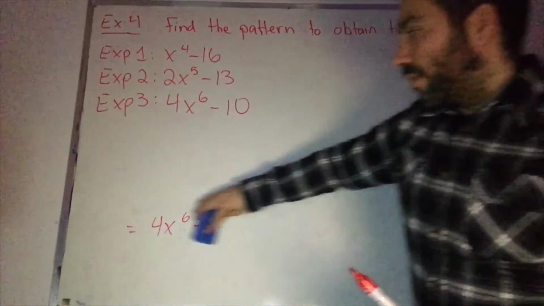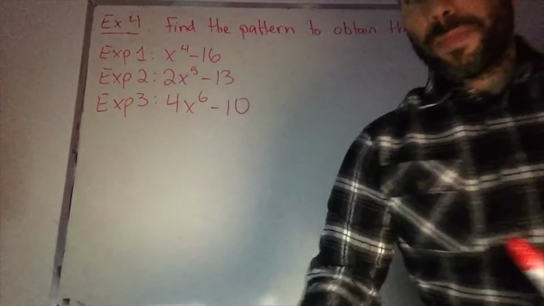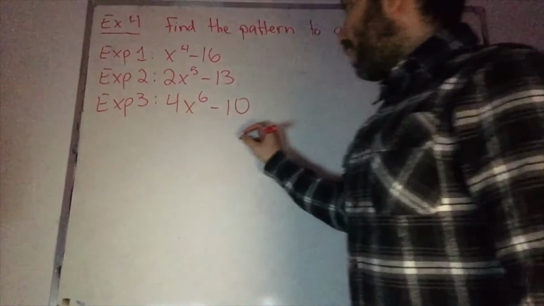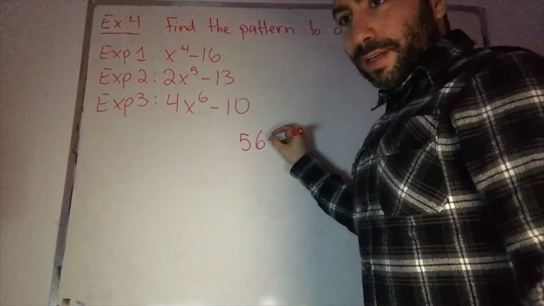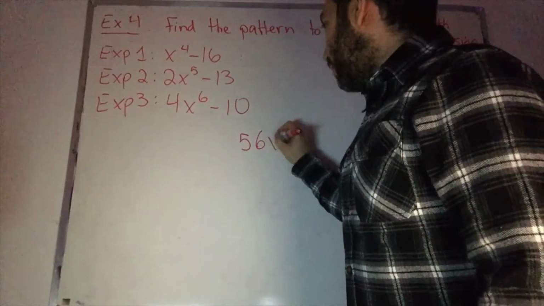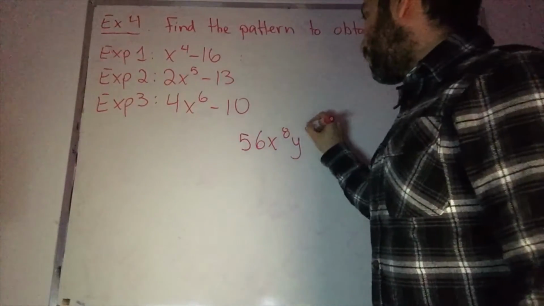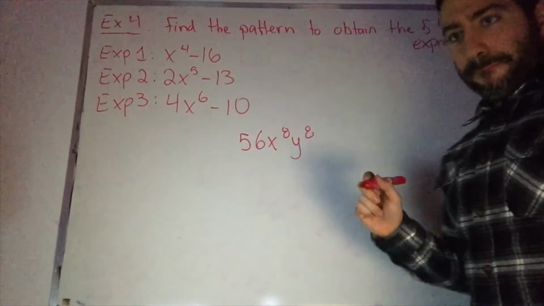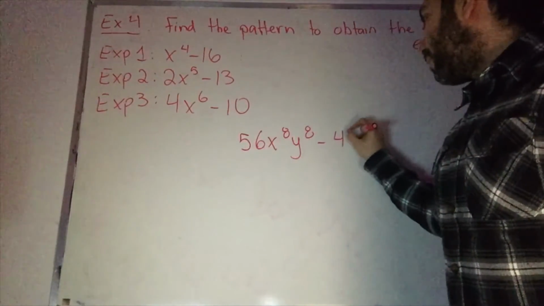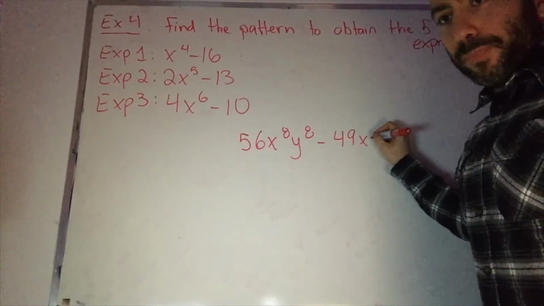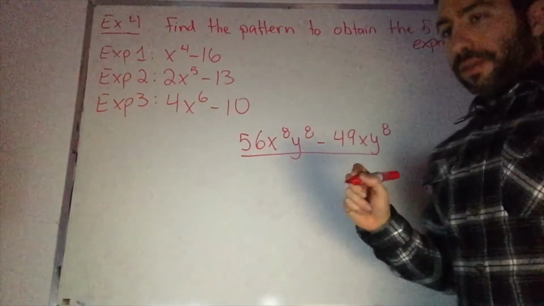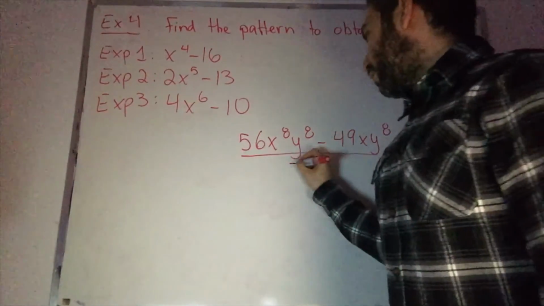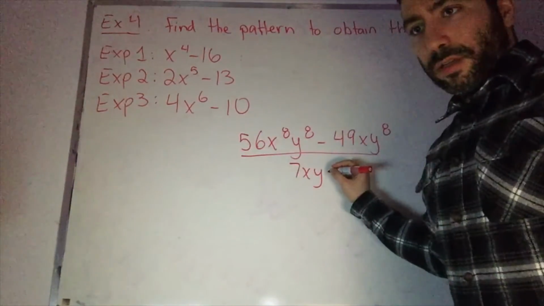So expression 4, what we have is 56x to the 8 y to the 8 minus 49x y to the 8, all that divided by 7x y to the 8.